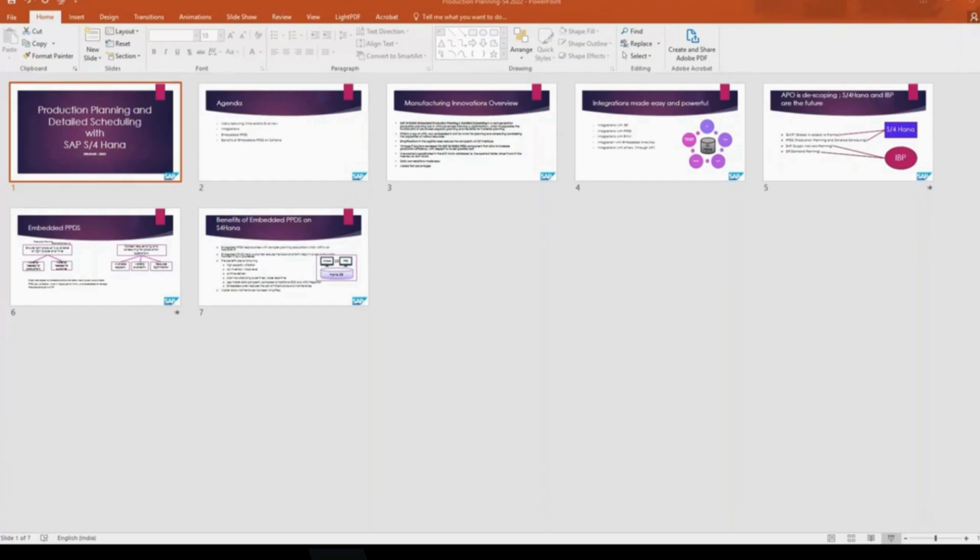The other aspect is that 70 to 80% of planners and plant users are very much used to seeing the MD04 screen, and the planning team who works on the plant is not well versed on the APO side, so it is very difficult for them to navigate the APO transaction codes.